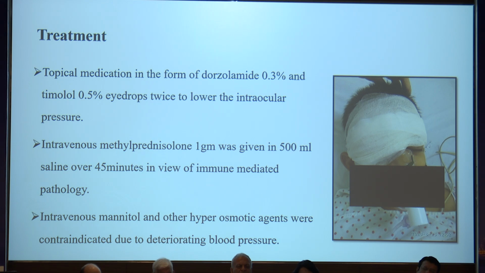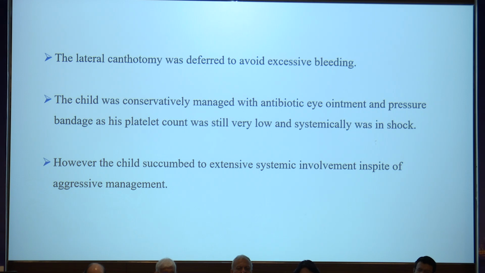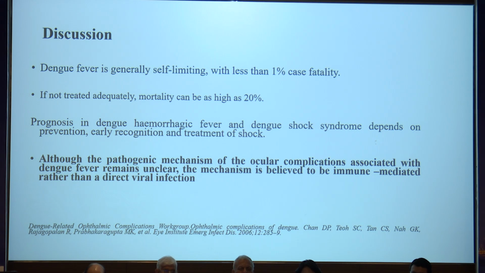IV mannitol and other hyperosmotic agents are contraindicated due to deteriorating blood pressure. Canthotomy was deferred to avoid excessive bleeding. The child was conservatively managed with antibiotic eye ointment and a pressure bandage, and ultimately the child succumbed to extensive systemic involvement in spite of aggressive management.